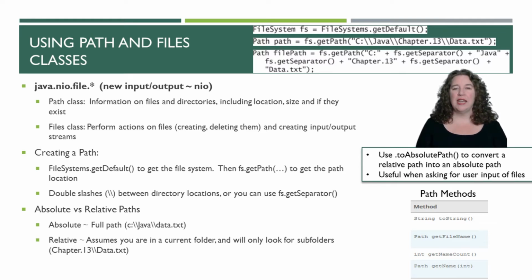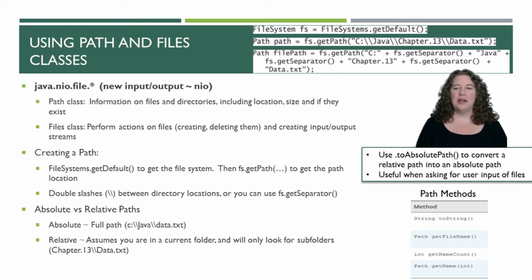So our java.nio.file, and then we have a couple of classes inside of there, just like our Java utility or swing, something like that. Our path class is going to give you information on your files and directories, including the location and the size and whether they exist. So when I say you want to check whether your file exists ahead of time, you're going to use your path class to figure that part out.